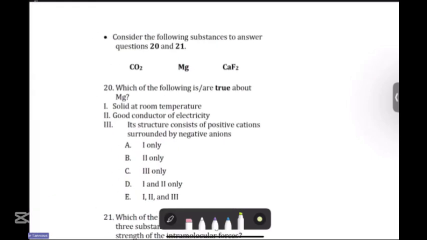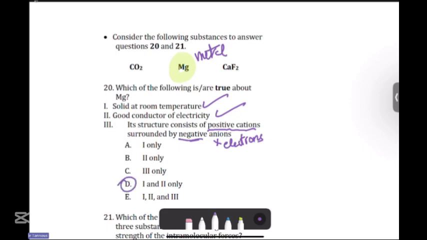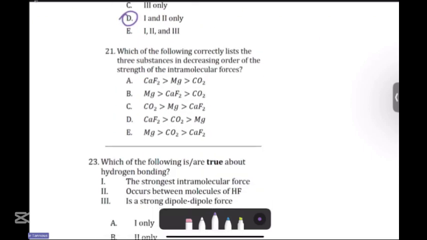Now, consider the following. Which of the following is true about magnesium? Magnesium is a metal, so it is solid, it conducts electricity, it has positive cations surrounded by negative electrons, a sea of delocalized electrons. So the first two only.